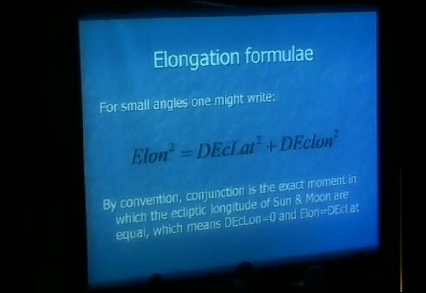This is the formula for elongation and its relation to the difference in ecliptic latitude and the difference in ecliptic longitude of sun and the moon. This formula holds just for small angles. Can you see the crescent on the left of the image?